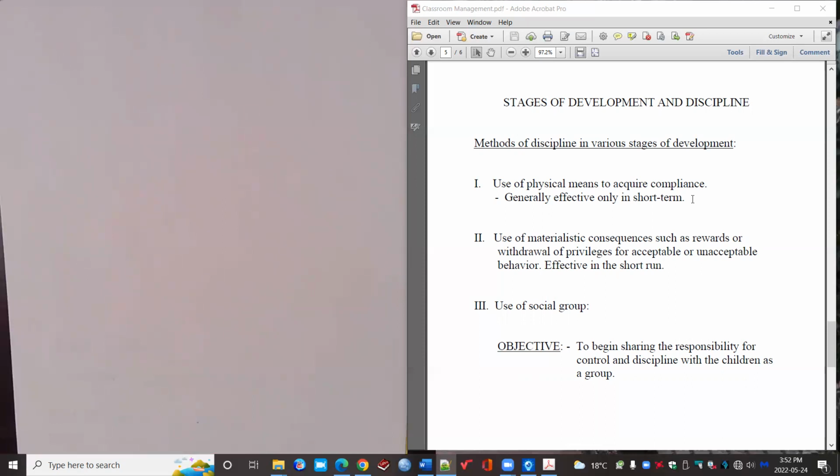But as soon as the aversive stimulus, say physical force or a time out room, is removed, the individual will revert to his or her normal behavior pattern.